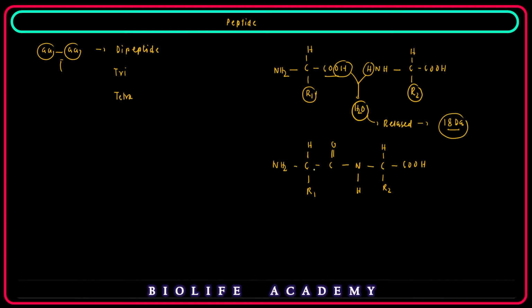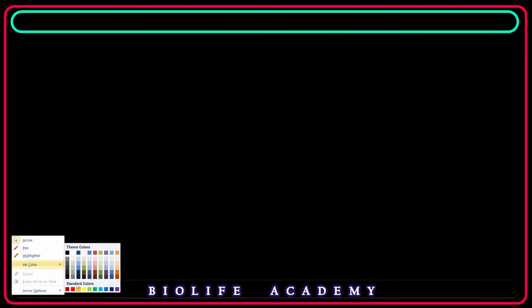So if two amino acids are connected to each other and form a dipeptide, the total molecular weight will be 18 Dalton less because an H2O molecule is released. Now coming to the peptide molecular mass calculation.